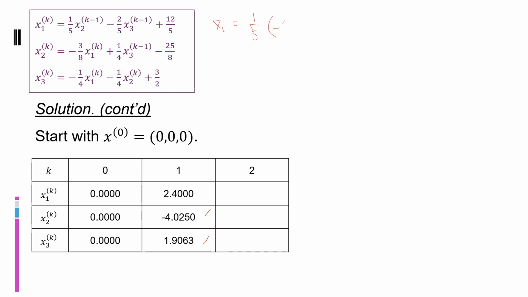So we have negative 4.0250 minus 2/5 times 1.9063 plus 12 over 5. At pag kinumpute natin yan, the value is 0.8325.